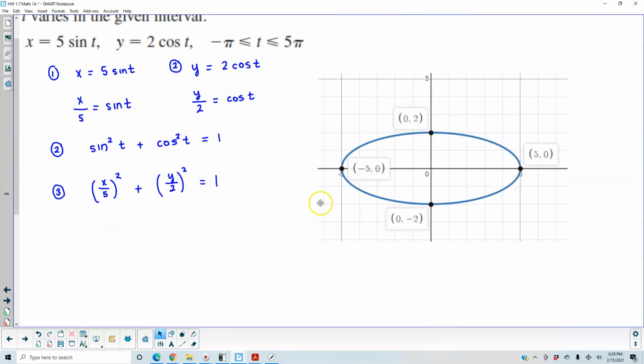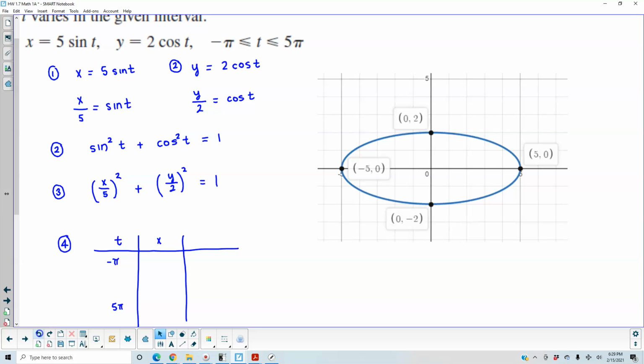Now we want to describe what's happening with the particle. So what we can do is, let's go ahead and create a quick table here. So we have t, and we're starting at negative pi, and we're ending at 5 pi.